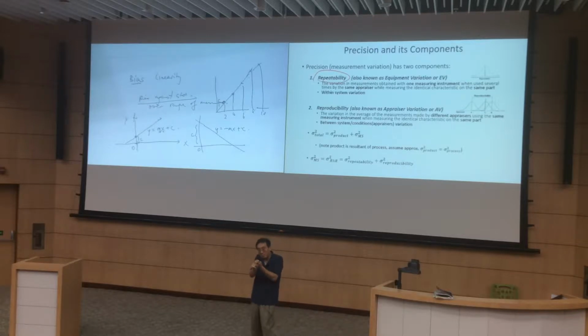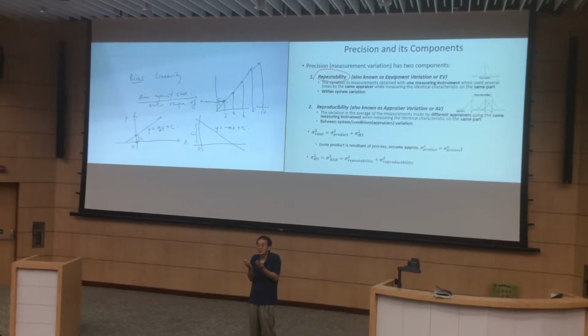You have the same sample, same equipment, but a different person to measure it. Because of your eyeball, or your nature, everybody does something different, right? So you also introduce variation inside there.